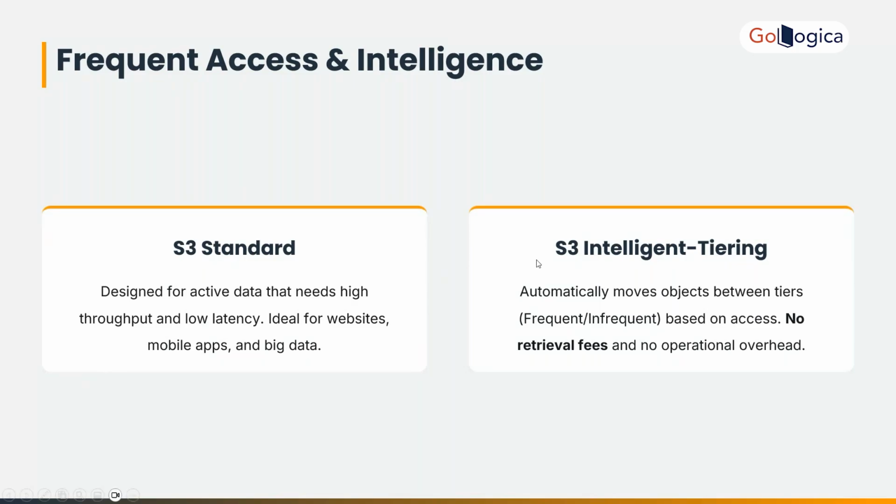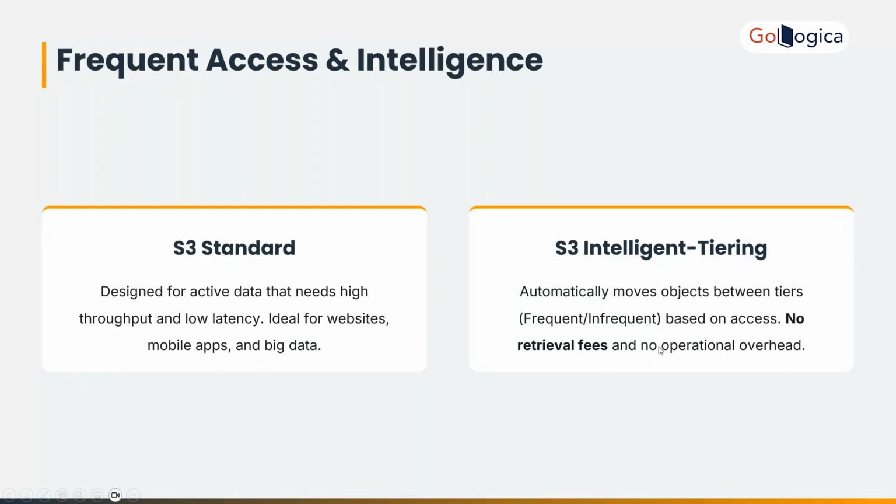For S3 Intelligent-Tiering, it automatically moves your objects between frequent and infrequent tiers based on access pattern. For both Standard and Intelligent-Tiering, there will be no retrieval fees, so you don't have to pay for accessing your data. And there is no operational overhead.